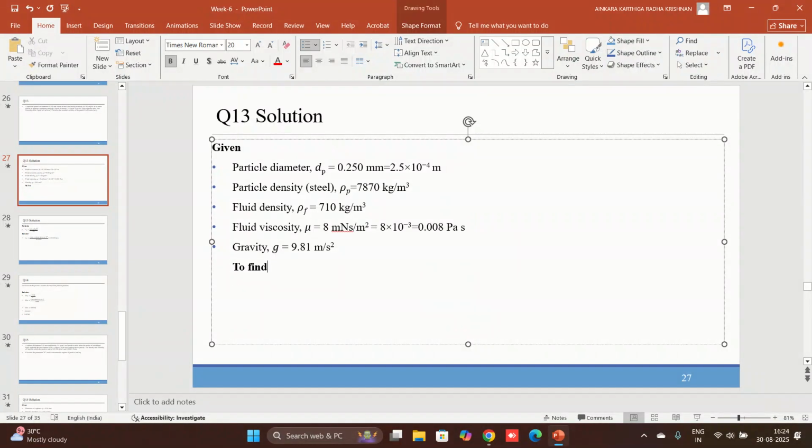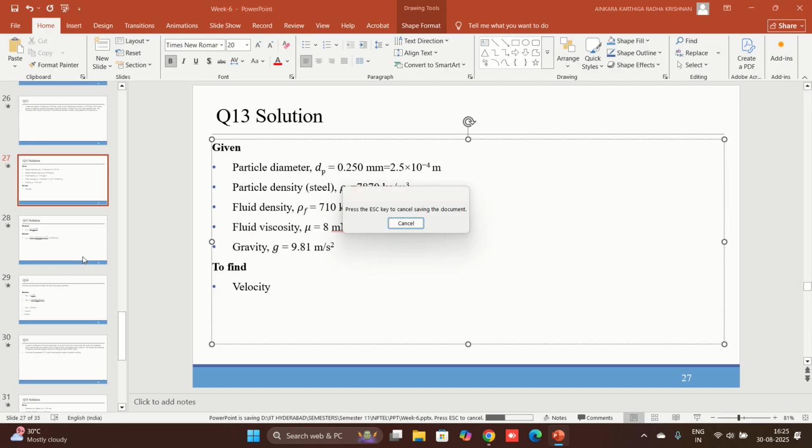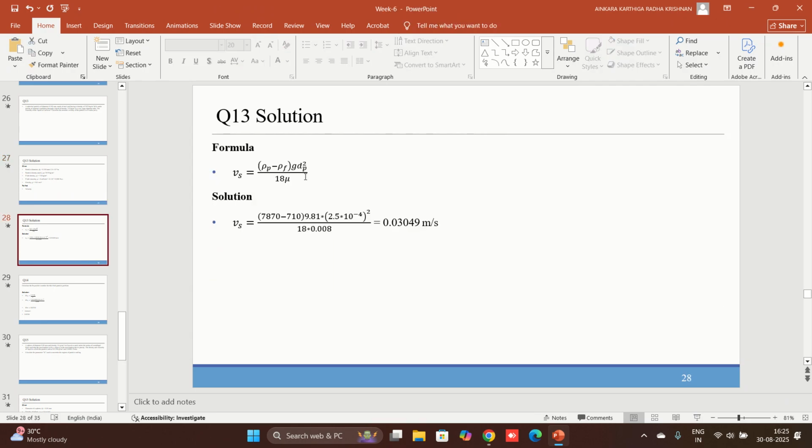To find the velocity, we have to find the velocity. So the formula is Vs is equal to rho p minus rho f into g into dp square by 18 mu.